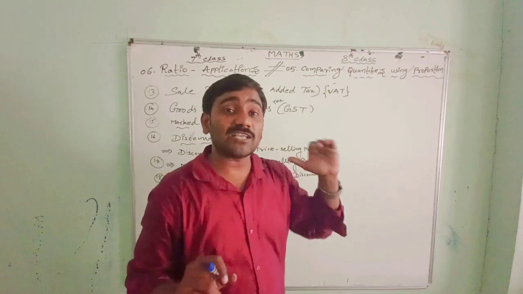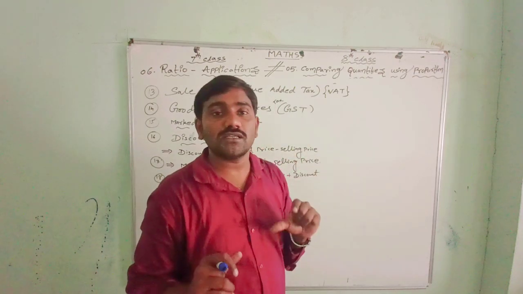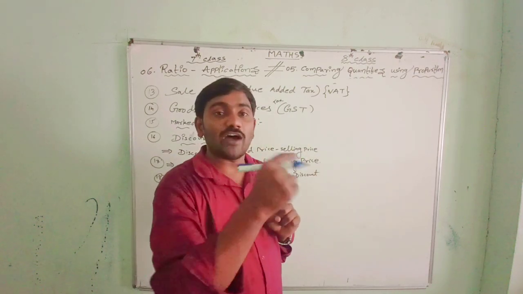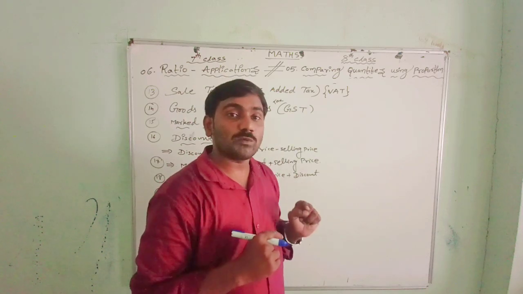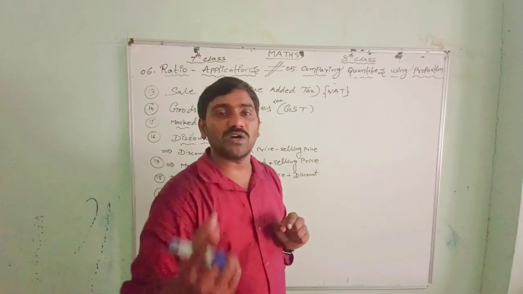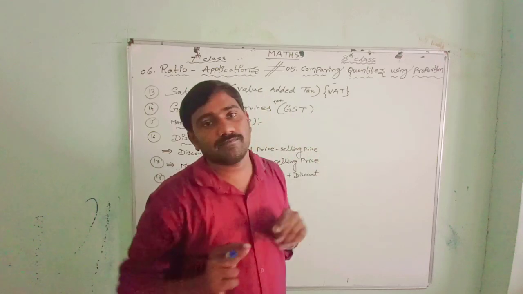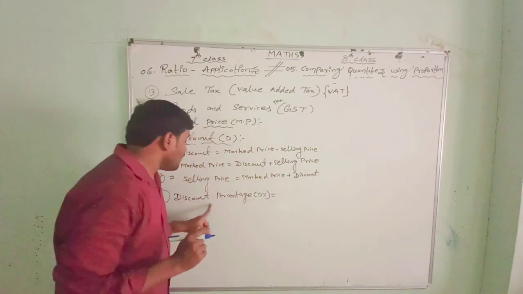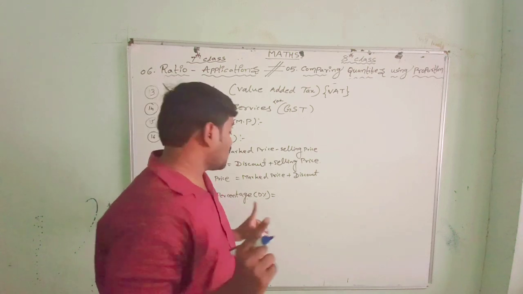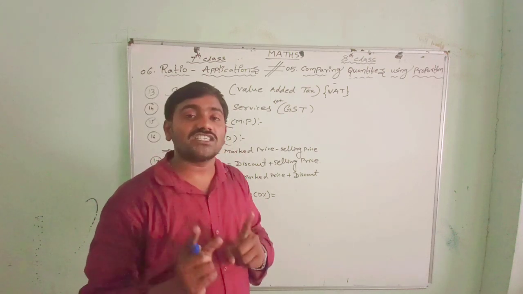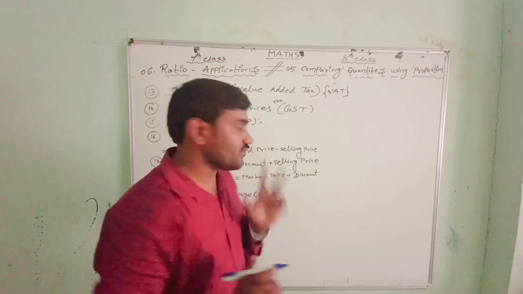Just as profit percentage and loss percentage are calculated on the cost price, the profit percentage formula is profit by cost price into 100, and the loss percentage formula is loss by cost price into 100. In the same way, discount percentage is calculated only on the market price.